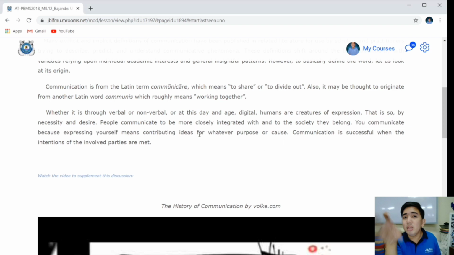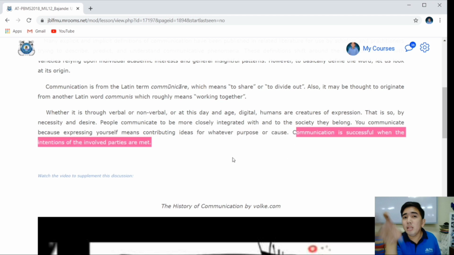Next, for whatever purpose or cause, communication is successful when the intentions of the parties are met. Okay? So as what I've said, communication can actually be successful if two sides would agree at some point. They could actually meet at one point. If they could not meet at one point, there could be an argument. Okay? Alright?